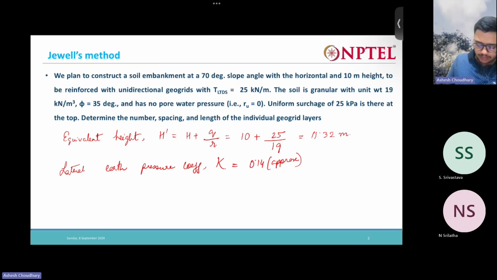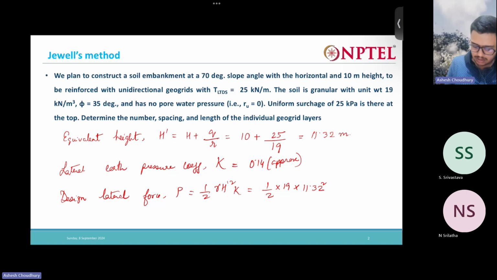All right. Now we got the K, so therefore we can find out the design lateral force. Half into 19 into equivalent height square.